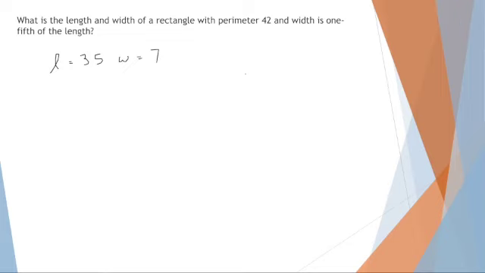Wait a second. Oh, I think I got it wrong. Okay. 32 divided by 2 equals 21. That's the length plus width.